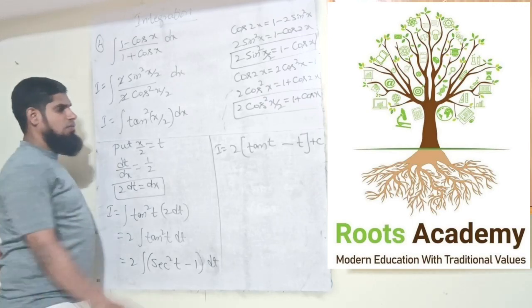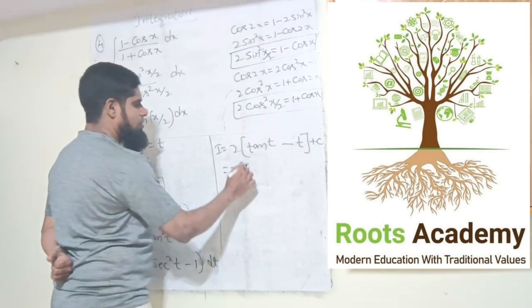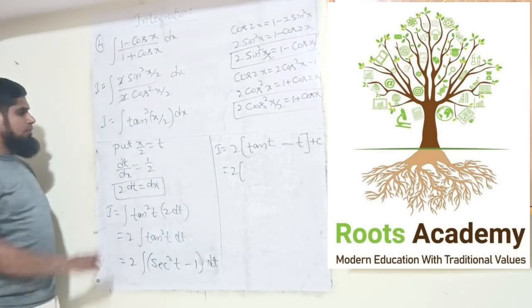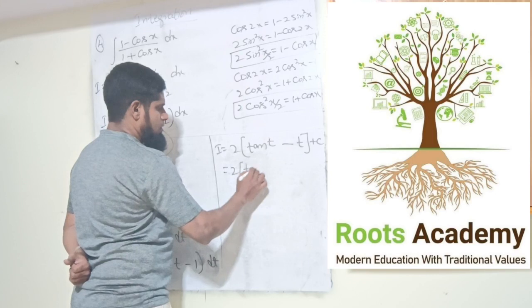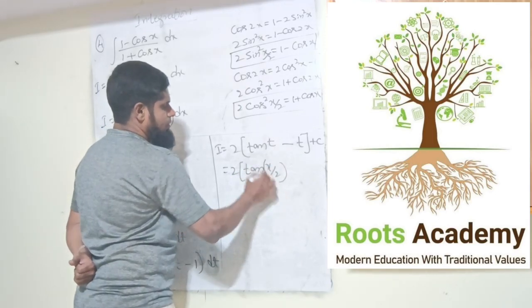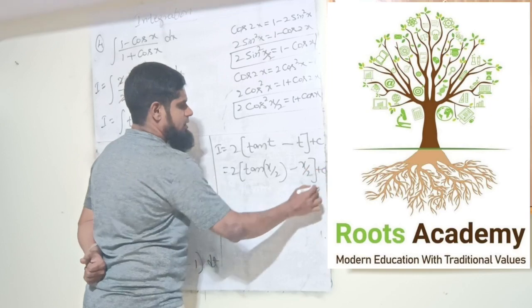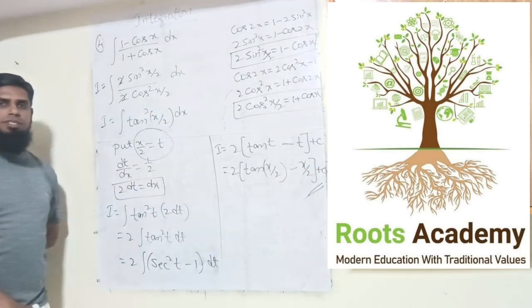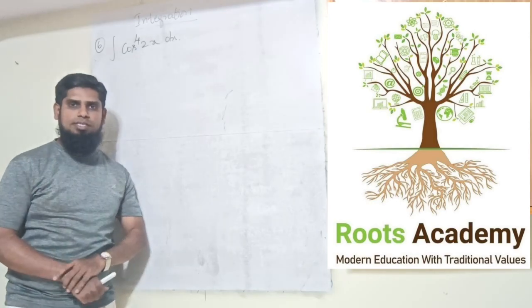Let us substitute the value of t here. That becomes 2 times, what is t? t is x by 2. That means tan x by 2 minus x by 2 plus c. This is the answer.